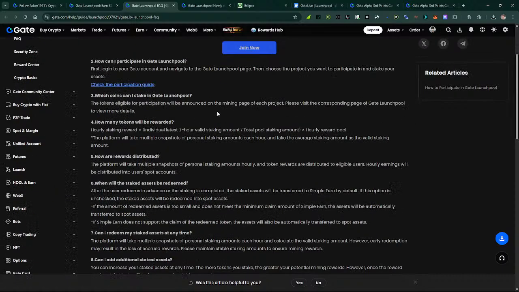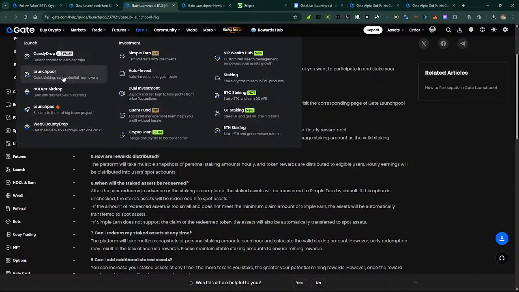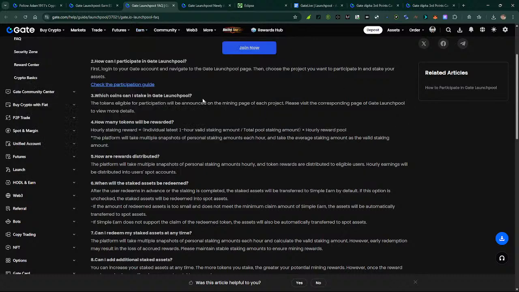Then let's go to the next question. How can I participate in Gate Launchpool? It is so easy. First, log into your Gate account and navigate to the Gate Launchpool page, then choose the project you want to participate in and stake your assets. Basically, from the web, just click on Earn, then click on Launchpool, and then you will find your desired project.